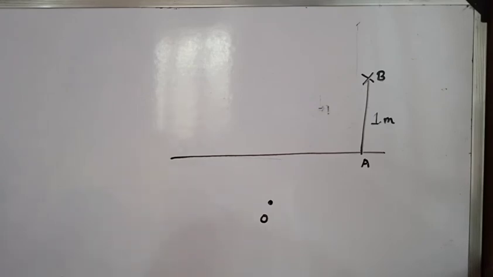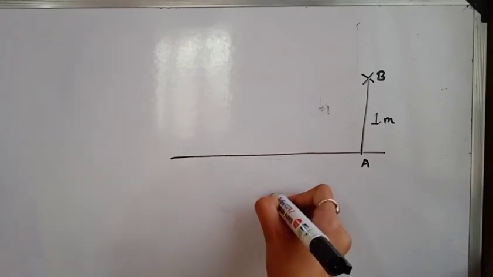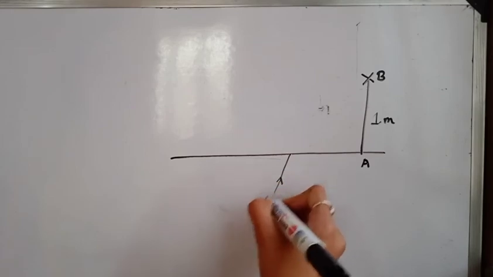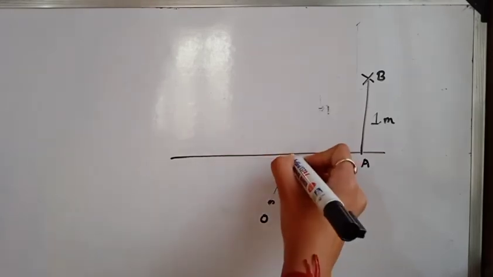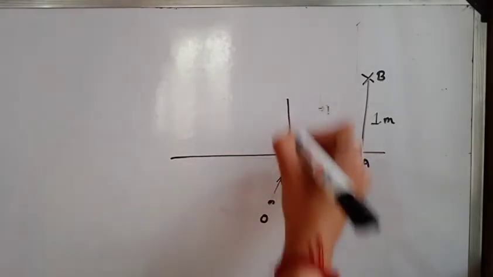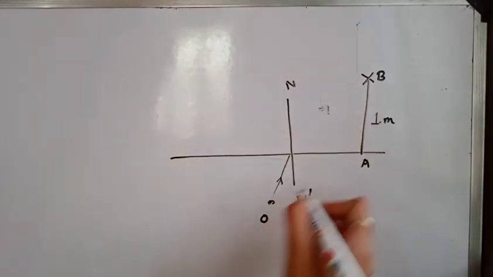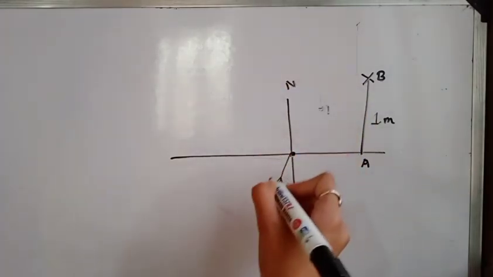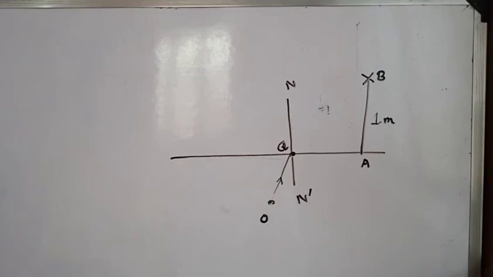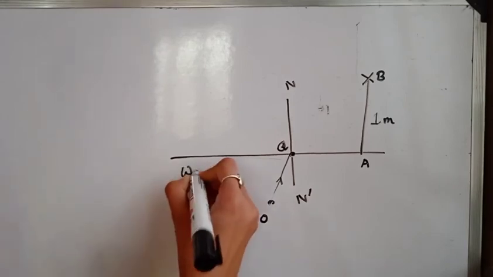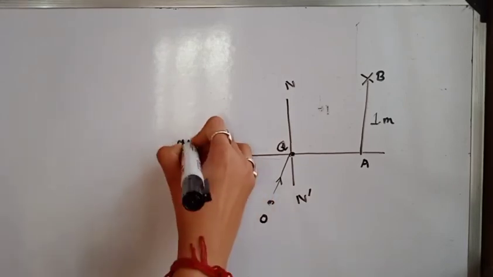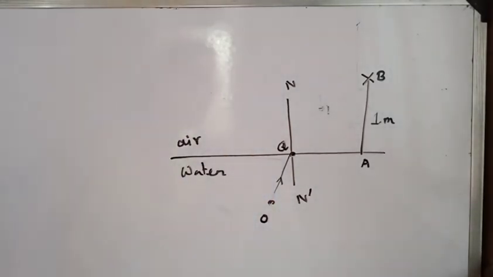Now if the ray of light emerges like this and reaches the surface, here we draw the normal NN'. That is the normal, and we take this place as Q. Now OQ is the incident ray. As the ray of light is going from water to air, that is from the denser medium to the rarer medium, the ray of light will bend, right?